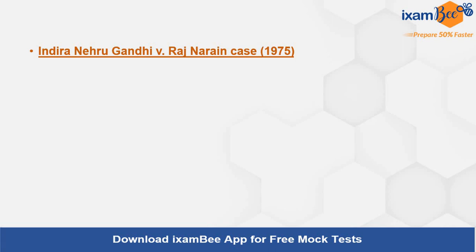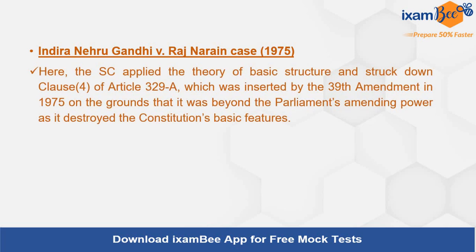Indira Nehru Gandhi versus Raj Narain case 1975, ये elections के लिए और democracy के लिए काफ़ी important case है. Basic structure के हिसाब से इस case में 39th amendment के बाद जो clause 4 insert किया गया था Article 329A का, that was struck down by the Supreme Court on the grounds that it was beyond the Parliament's amending power as it destroyed the Constitution's basic features.